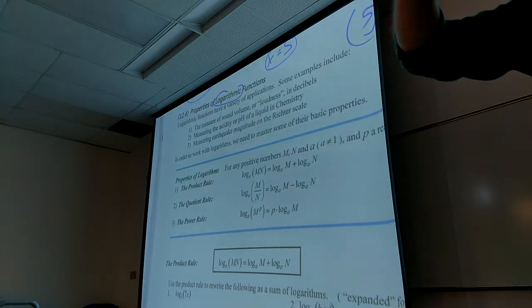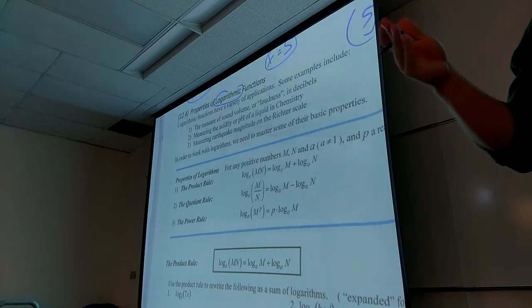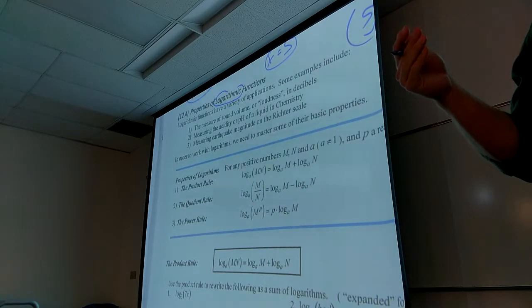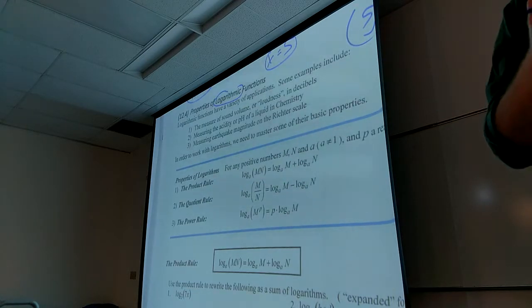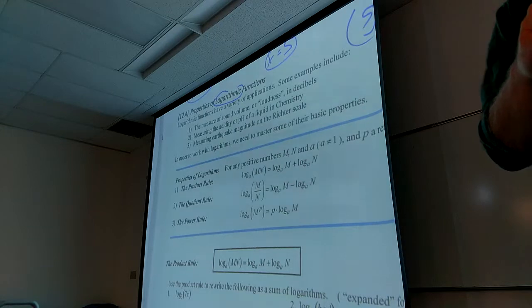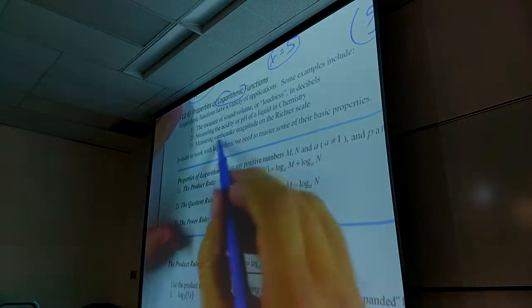Anyway, you guys know how the Richter scale works for earthquakes? You think you do, right? It's a logarithmic scale, which means that every increase by 1 is actually a factor of 10. It's a log base 10. So logs are used to measure earthquake magnitude.